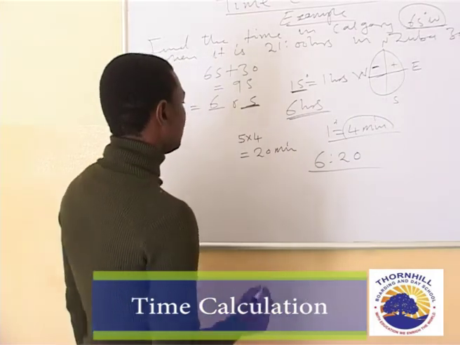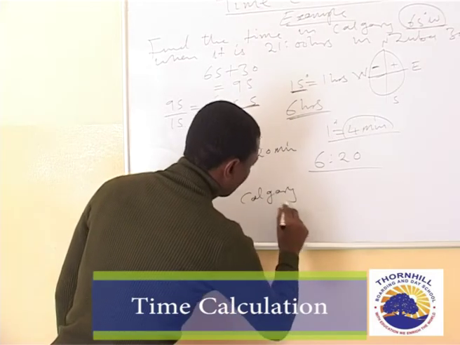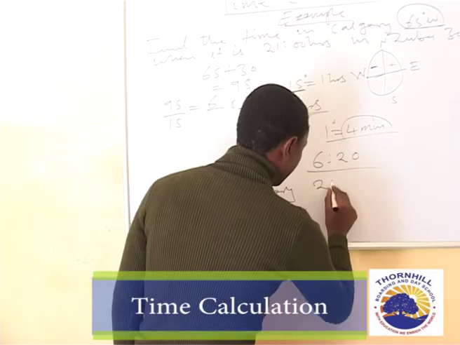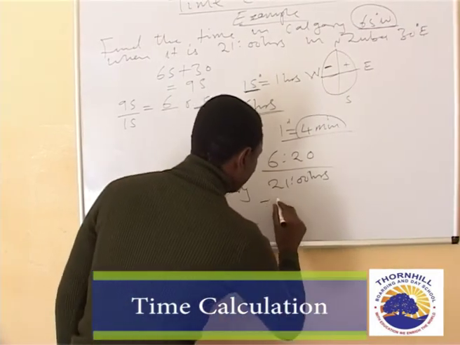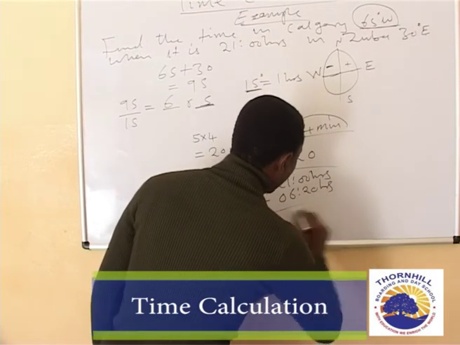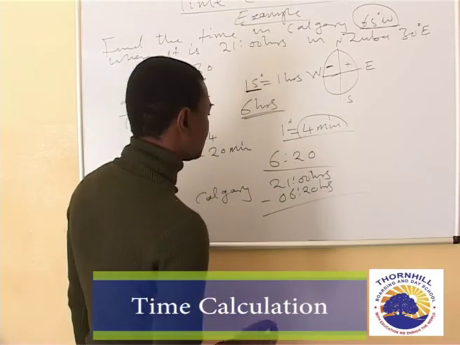So to find the time at Calgary, we say 21 hours minus 6 hours 20 minutes. Why 6 hours 20 minutes? Because this is the time difference between the two points.